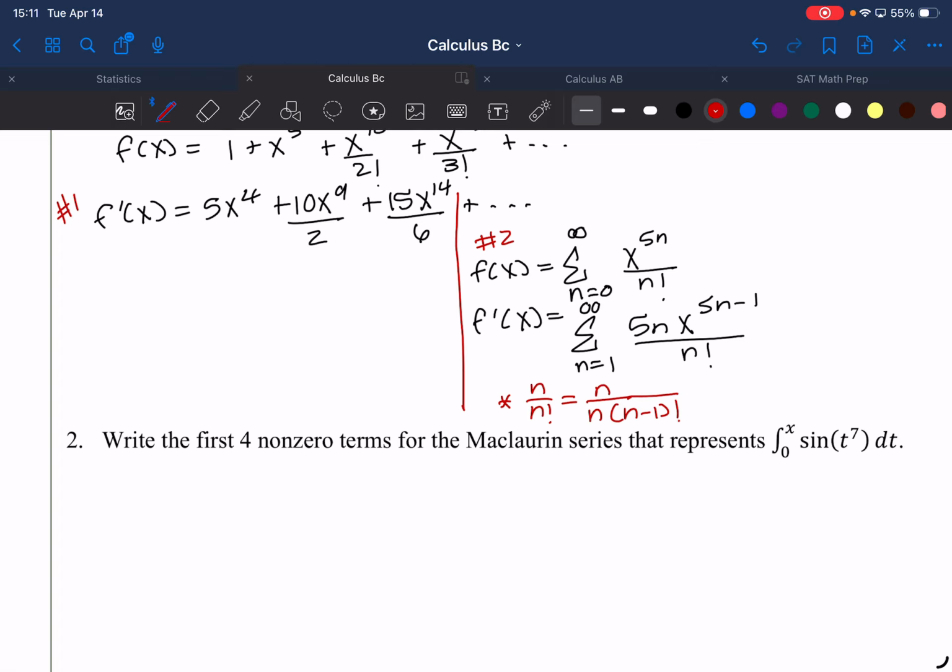Okay, the reason we do this is because the n's cancel, and so we're just left with 1 over n minus 1 factorial. So really, if we were simplifying this, this would be the summation of n equals 1 to infinity of 5x to the power of 5n minus 1 over n minus 1 factorial.